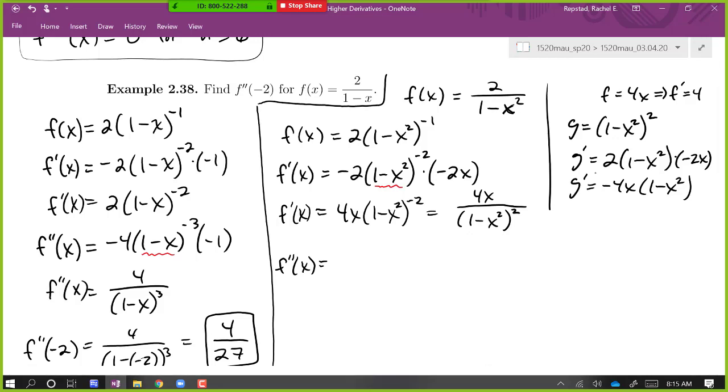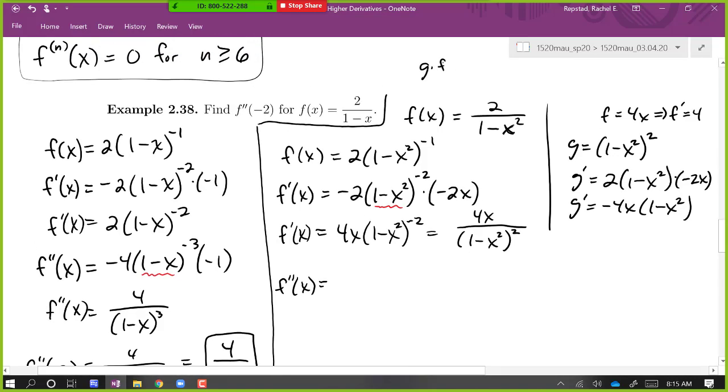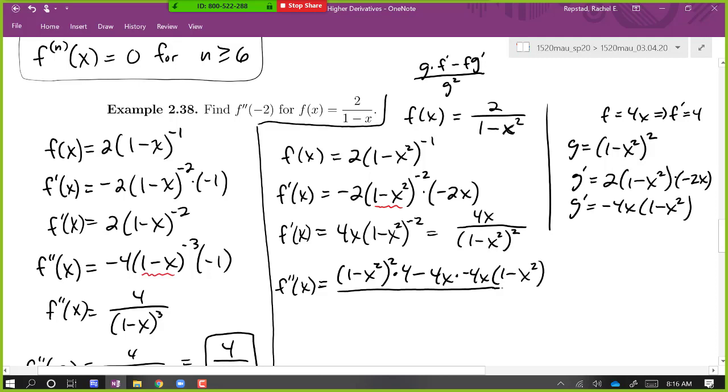So now if we put this together, the quotient rule is the one that goes g f prime minus f g prime all over g squared. So g times f prime, that's 1 minus x squared squared times 4, minus f g prime, so 4x times negative 4x, 1 minus x squared, all over g squared.